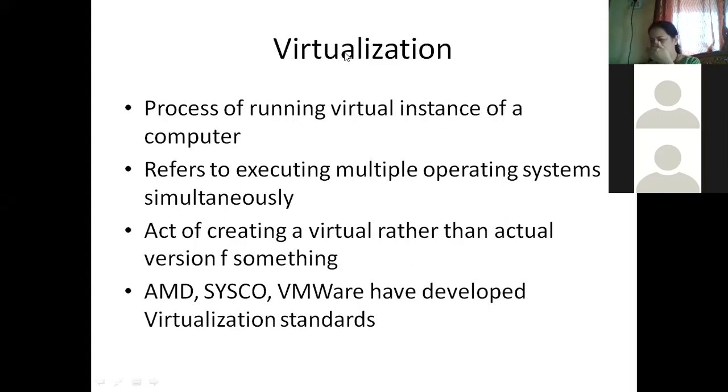Such a process of creating a virtual instance of a computer on your own local machine is called virtualization. Generally, it also refers to the execution of multiple operating systems at the same time, which you have seen and used.